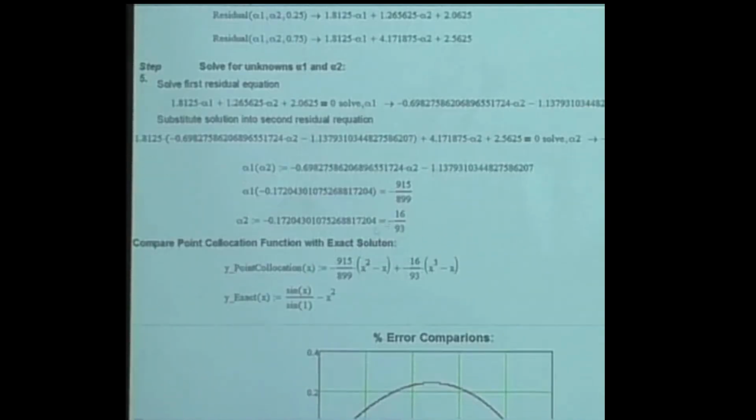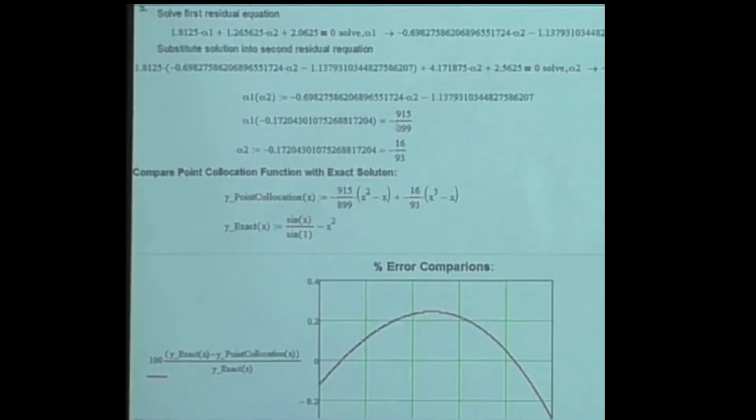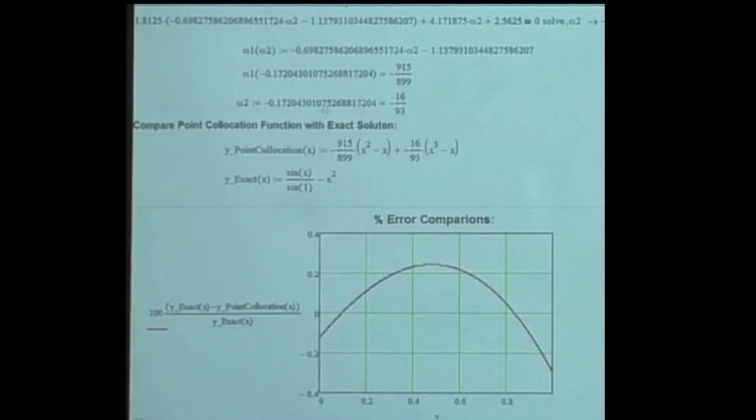And then I get out that alpha 1 is 915 divided by 899, and alpha 2 is 16 over 93. So I've got my alpha 1 and alpha 2, and then I can substitute that back in, and then I've got my trial function solution.